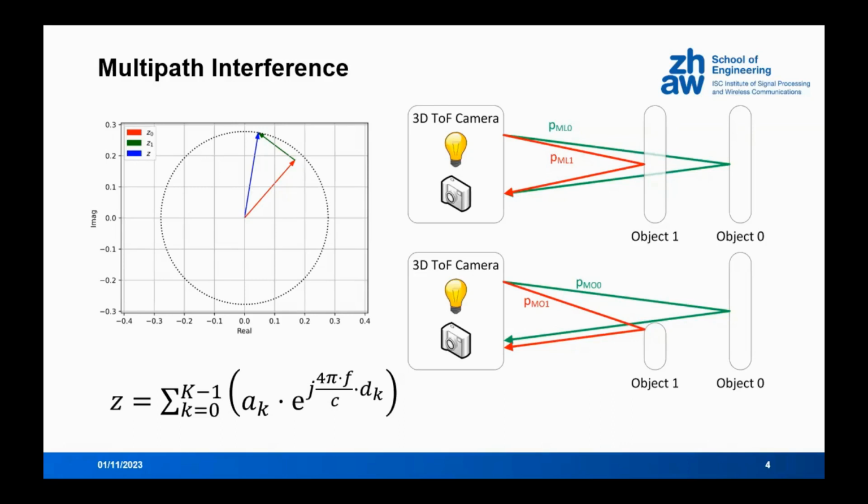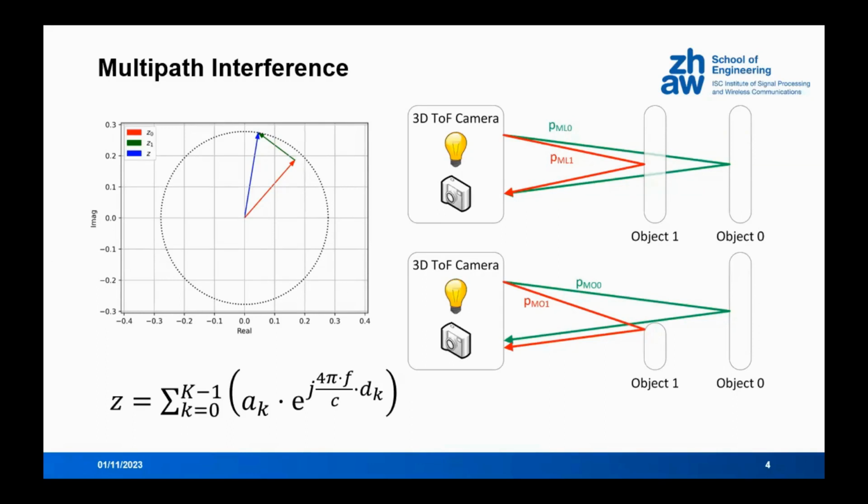If we send out light, a part of the light gets reflected back from this object and comes back to the sensor. The rest of the light passes through this box, is reflected from the wall behind, and gets measured by the sensor. In the end, what we are really measuring is the sum of both paths, as you can see here on the left image.